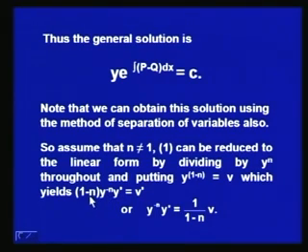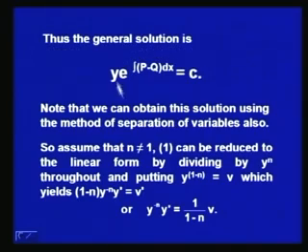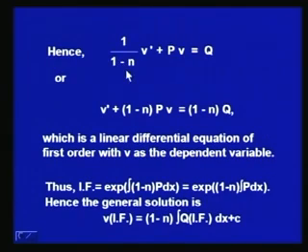Since n is not equal to 1, we can divide this equation by 1-n, giving us y^(-n) y' = 1/(1-n) v', and hence the equation becomes 1/(1-n) dv/dx + p v = q, or after multiplying by 1-n we get v' + (1-n) p v = (1-n) q.